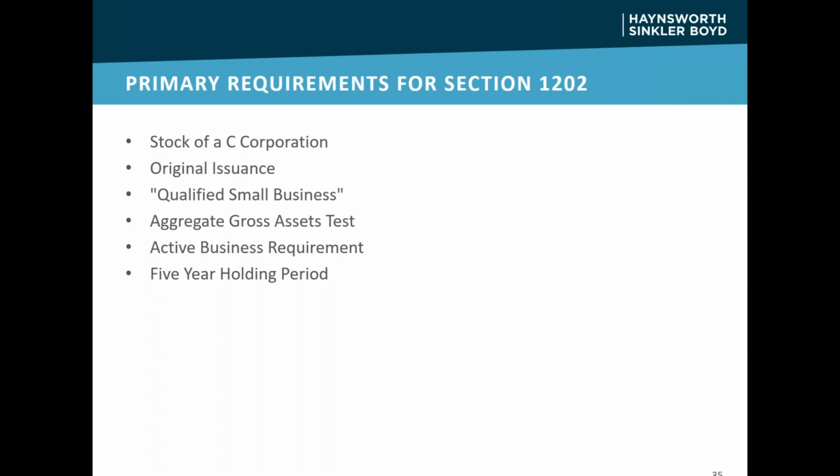A qualified small business is a domestic corporation that is a C corporation, and the aggregate gross assets of the corporation cannot exceed $50 million at all times before the issuance and on or after the date of enactment of the Revenue Reconciliation Act of 1993, and the aggregate gross assets of the corporation immediately after issuance do not exceed $50 million. So this is where we get that 10 times basis limit that actually gets up to $500 million. And the corporation must also use at least 80% of its assets in the active conduct of a qualified trade or business.